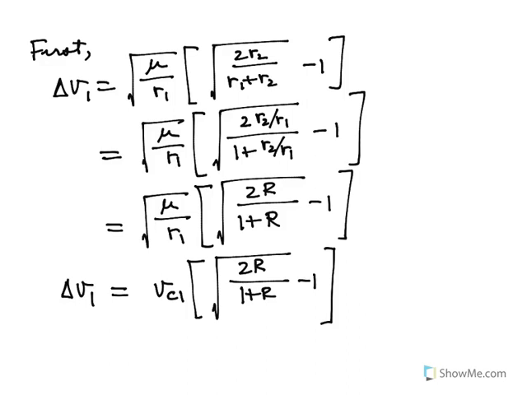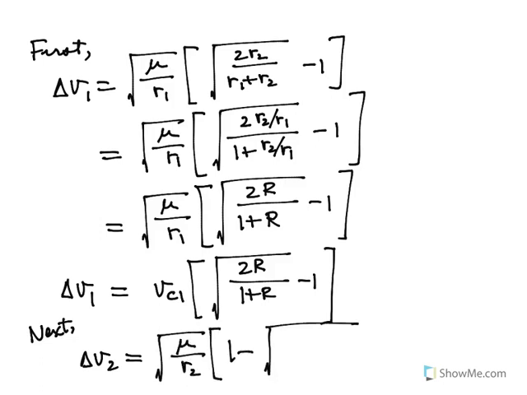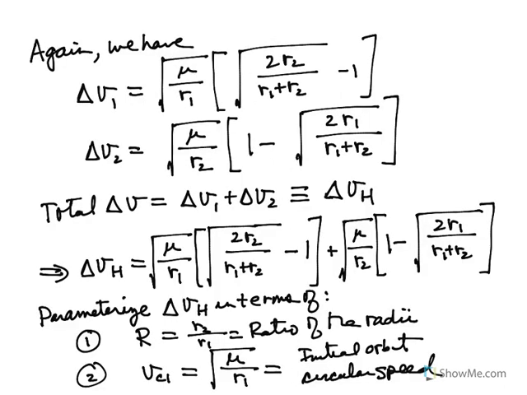So I can do the same thing with delta v2. So next, I have that delta v2 is equal to the square root of mu over r2 times 1 minus the square root of 2r1 all divided by r1 plus r2. And that is just a repeat of what is there.